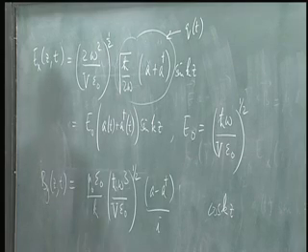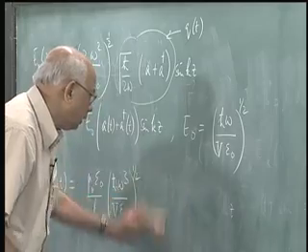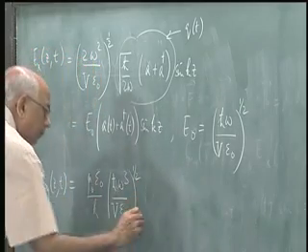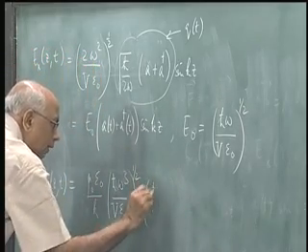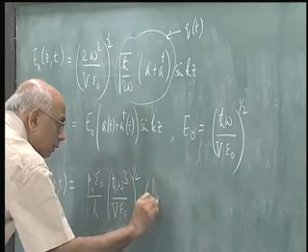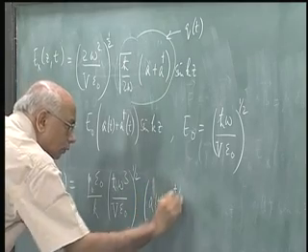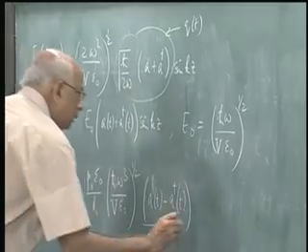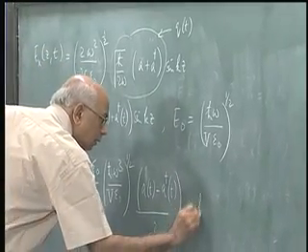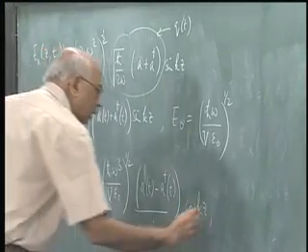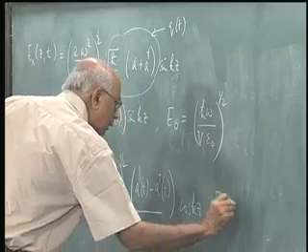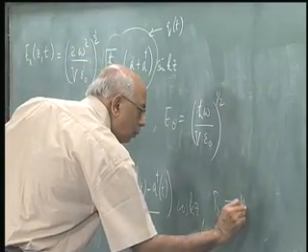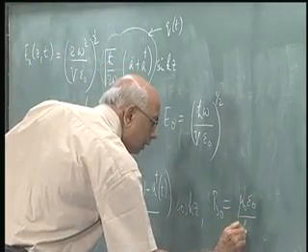So let me call this whole thing B naught and write this as A dagger A of t minus A dagger of t over i cosine kz, and call B naught this whole amplitude mu naught epsilon naught over k.